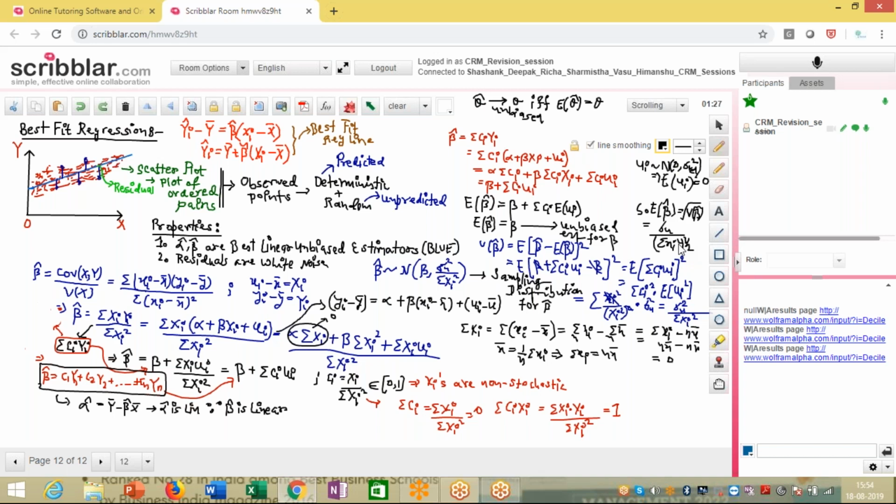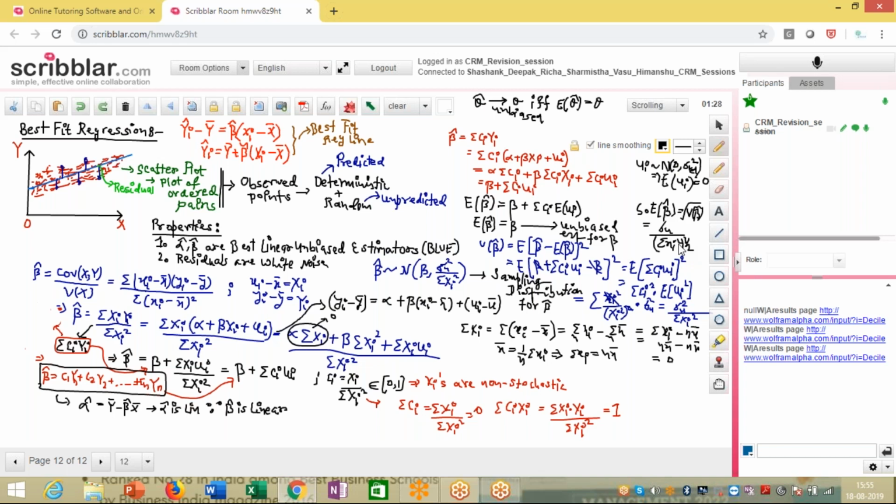The key reason behind the estimators being linear is that the xi's are non-stochastic. Now these non-stochastic xi's would ensure that the linearity holds, and hence non-stochasticity of xi is one of the most important assumptions of the linear regression model.